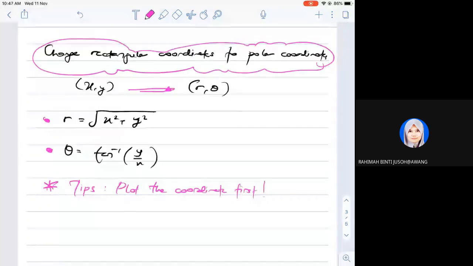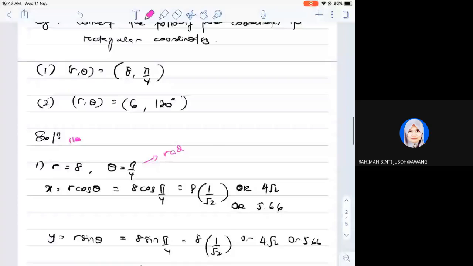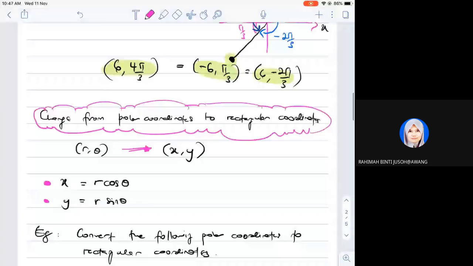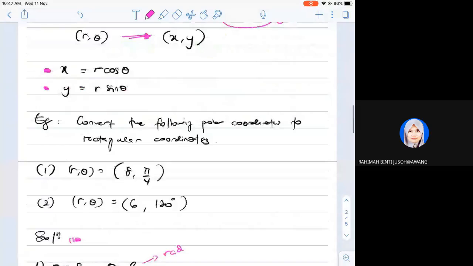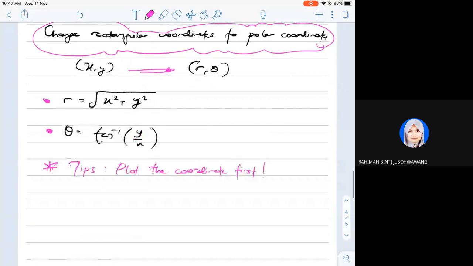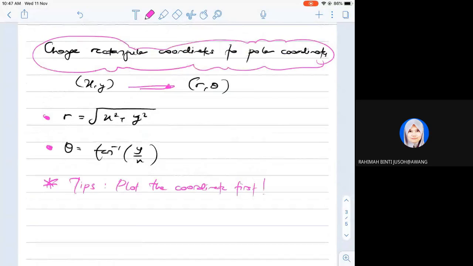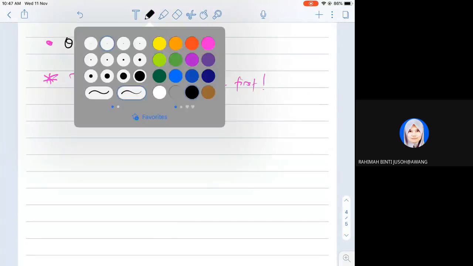Earlier, you did not need to plot. Alright, for the previous case, changing from polar to rectangular, no need for you to plot the point because your answer will be correct no matter what the values. But, however, for this case, changing from rectangular to polar coordinates, you have to plot the coordinate first. I will explain why.